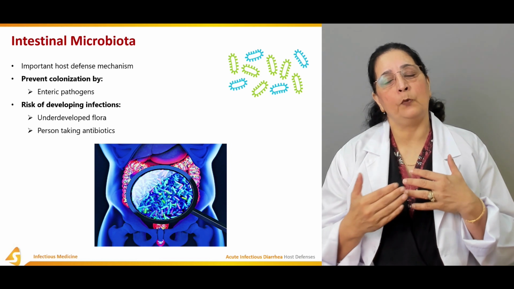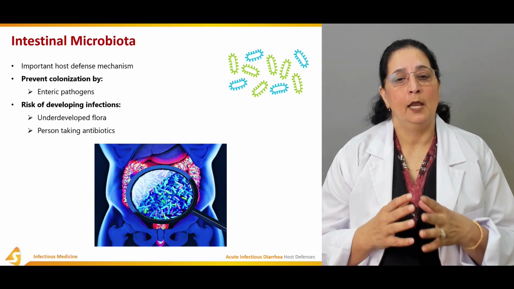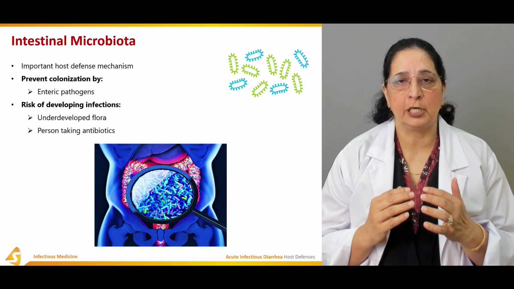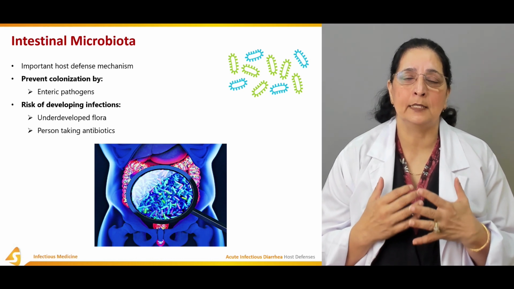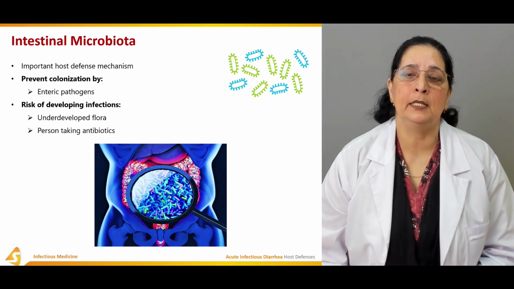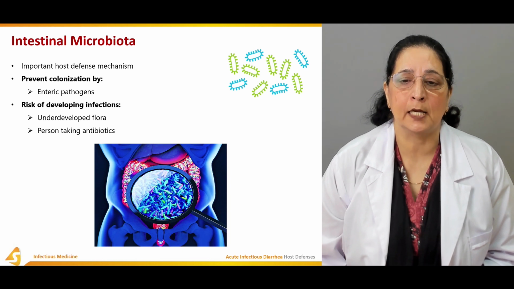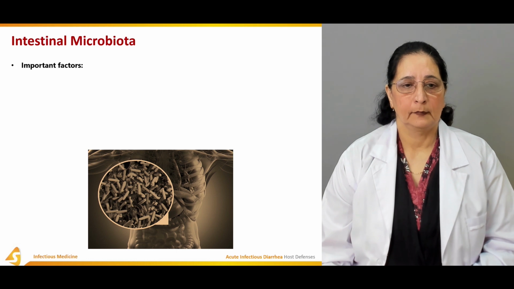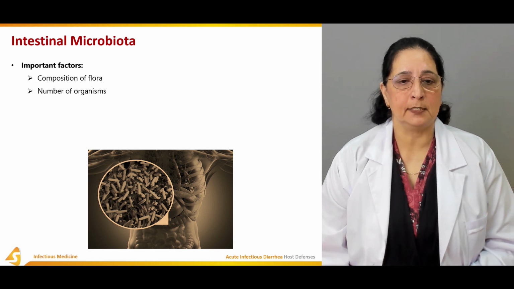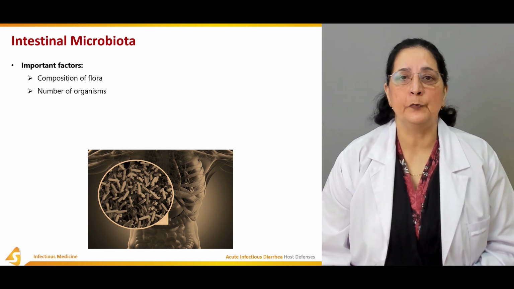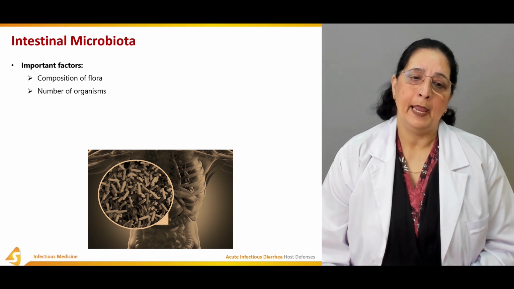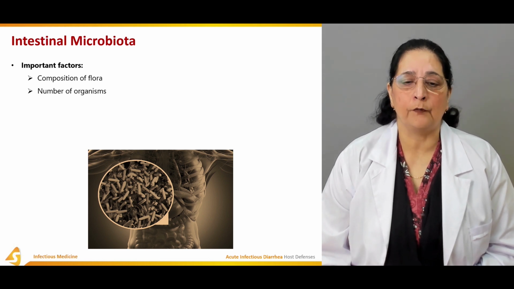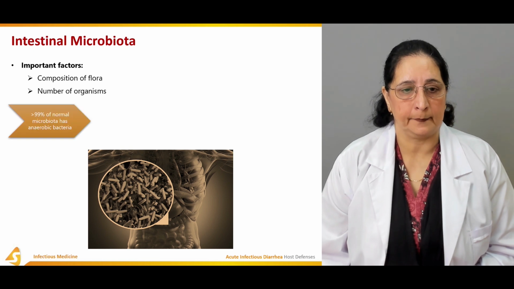So a very important factor in protection, as a defense mechanism, is the presence of intestinal microbiota. Then the important factors are the composition of the flora and the number of organisms present.